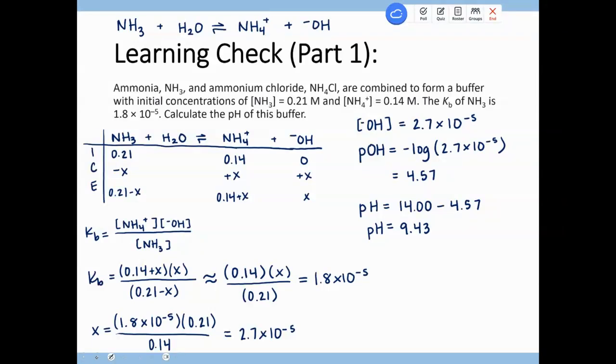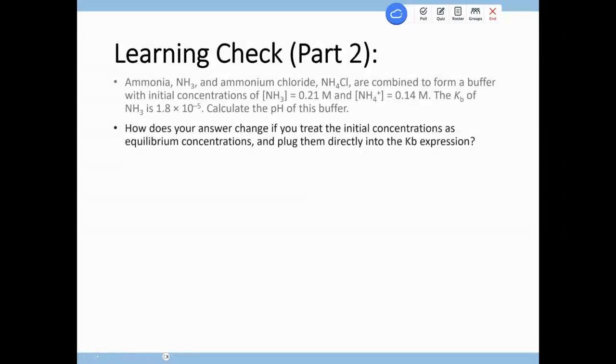The second part of this learning check is to consider how our answer would change if we treat initial concentrations as equilibrium concentrations, then plug that directly into Kb.